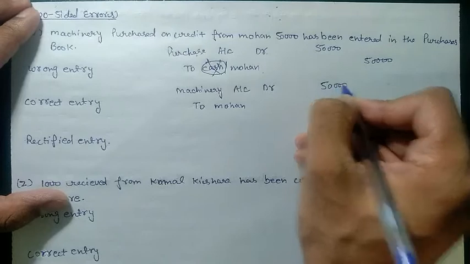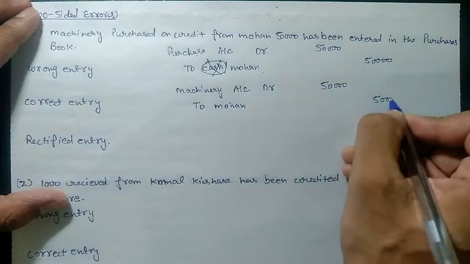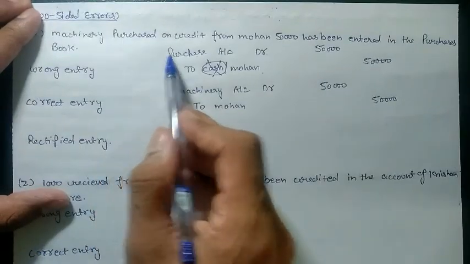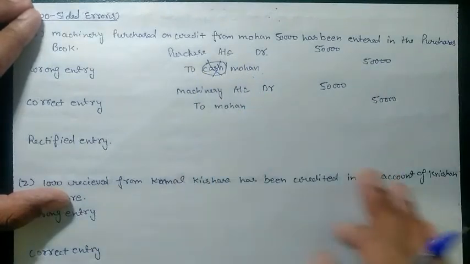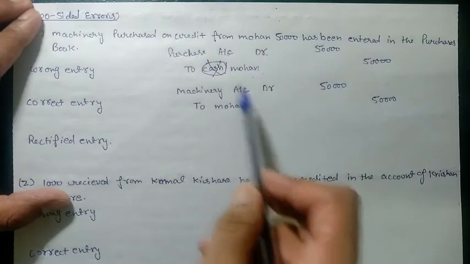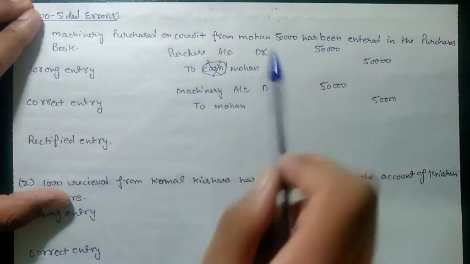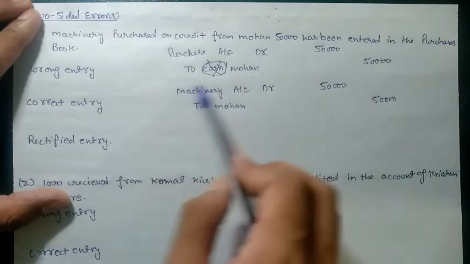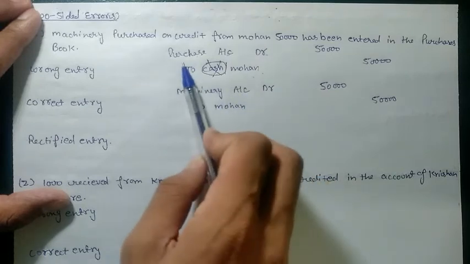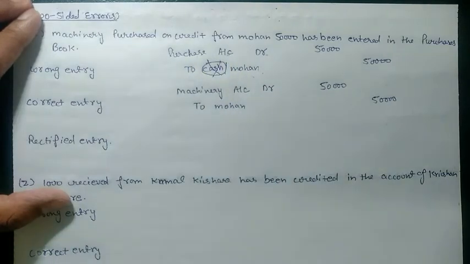But what we have done is post the wrong entry, purchase account debit to Mohan. So in both cases you have seen, we need to credit Mohan, and in this case we already credited Mohan. But we needed to debit machinery, and what we debited was the purchase account.